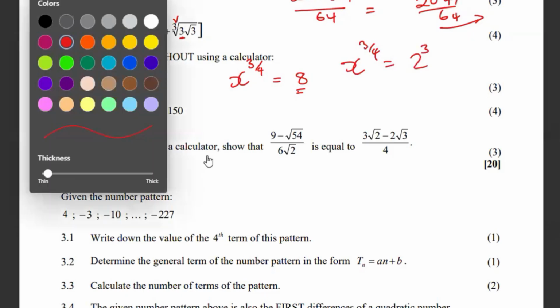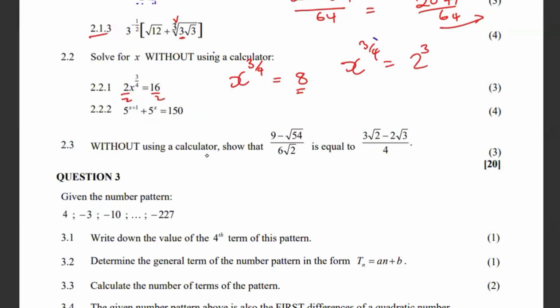Then for me to get x alone, I need to multiply this by 4/3, so that this gives me a 1, and then this cancels that. And then our answer just becomes a 16, meaning that x needs to be a 16.